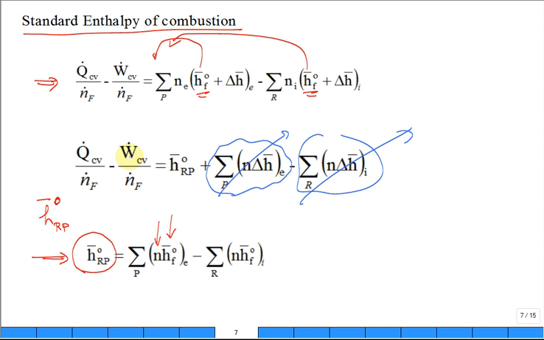And if it's a furnace, that's 0. So what is the standard enthalpy of combustion? It's how much heat would be released or transferred per amount of fuel. It's what we just calculated, true, for that carbon. All right.